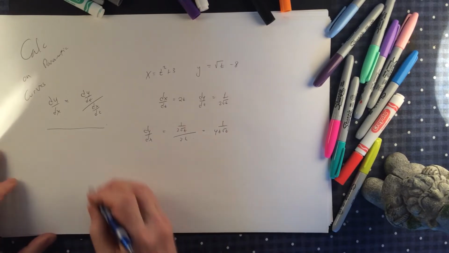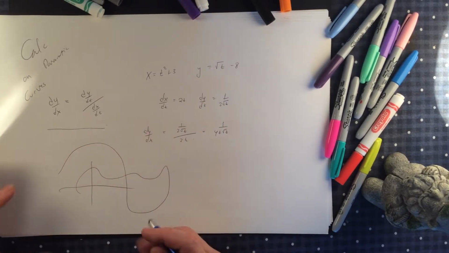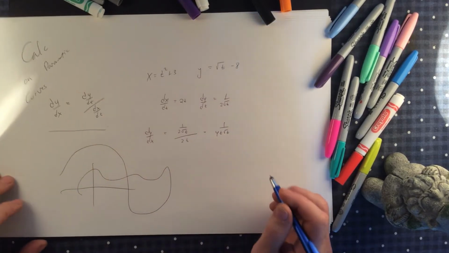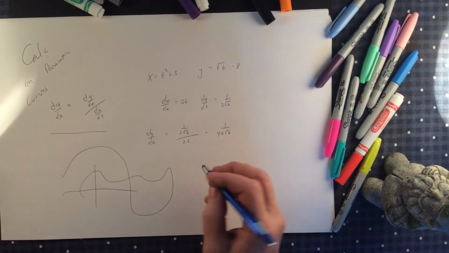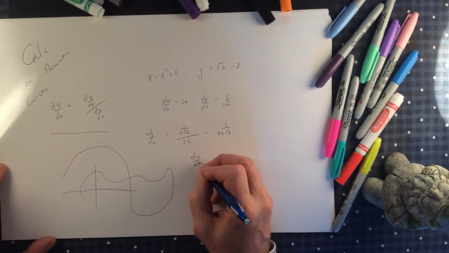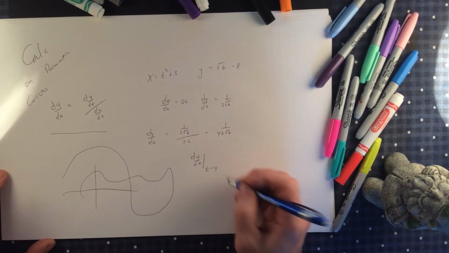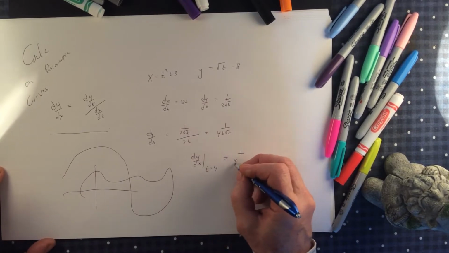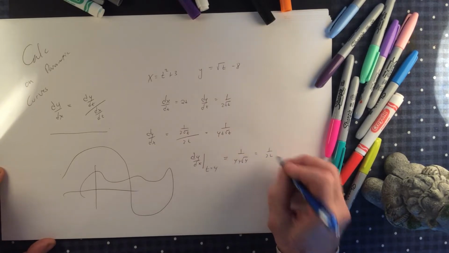Now, for this unknown curve, in order to find its tangent line, we just need to evaluate this at a point. Say t equals 4. Then we get 1 over 4 times 4 times the square root of 4, which is 1/32.